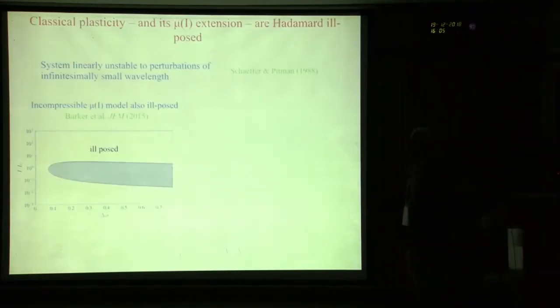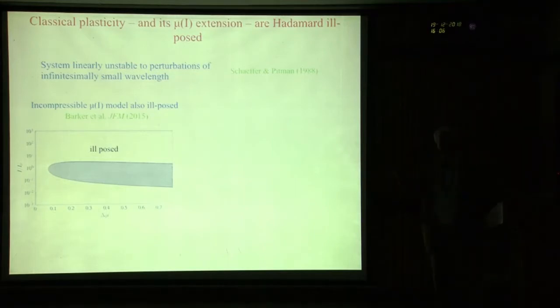So, what are the other problems with classical plasticity? This is something that Joe talked about quite a bit. It's Hadamard ill-posed. In other words, you impose perturbations on the system, and you take the wavelength of the perturbations to 0. The growth rate grows as the inverse of the wavelength to the power of 4.